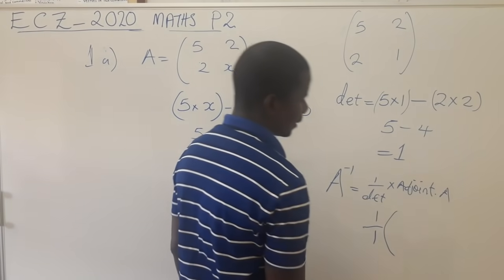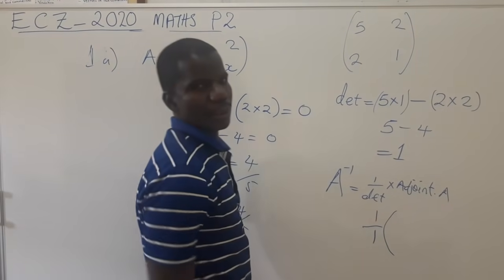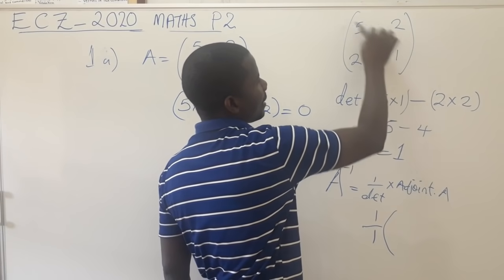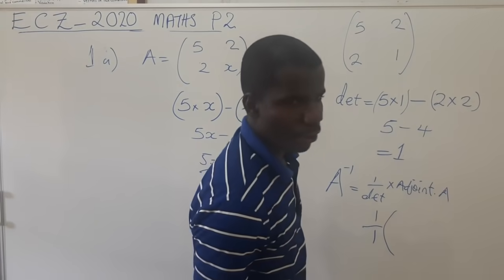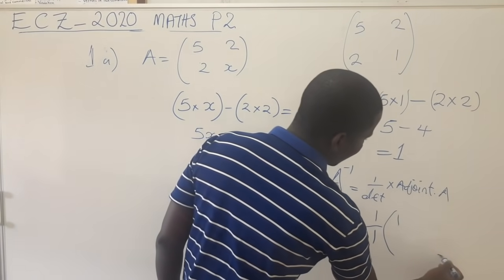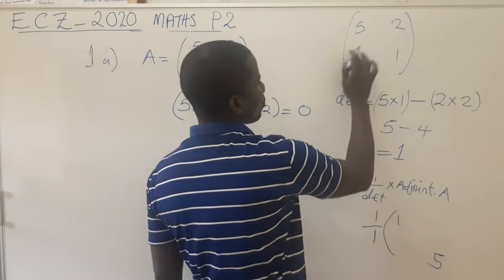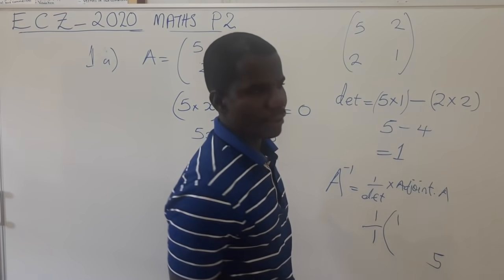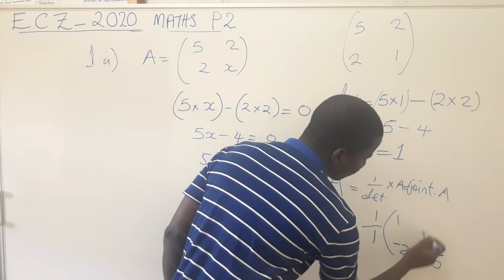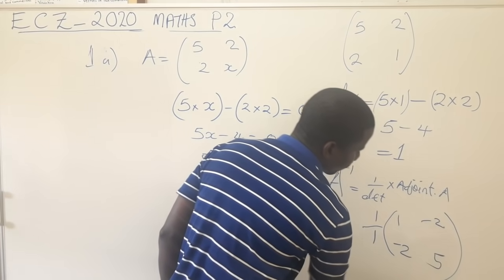How do we find the adjoint? The two elements in the major diagonal switch positions, so we have 1 here, then 5. The other two elements change their signs, or you multiply by a negative, so we have negative 2, negative 2.